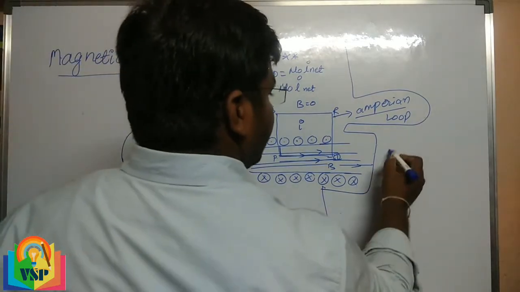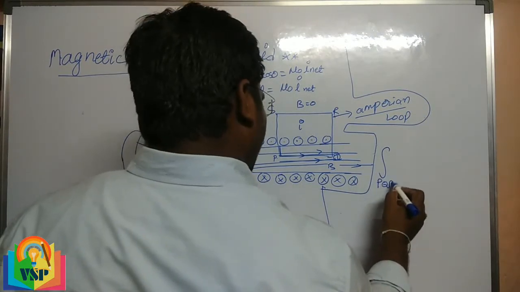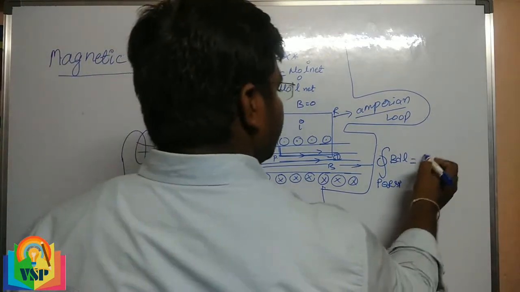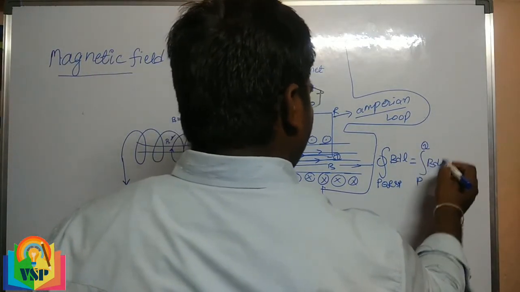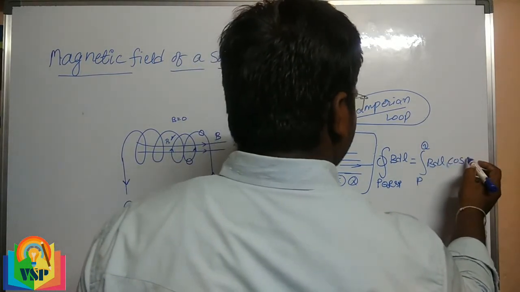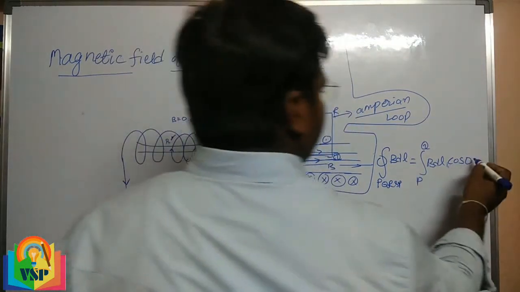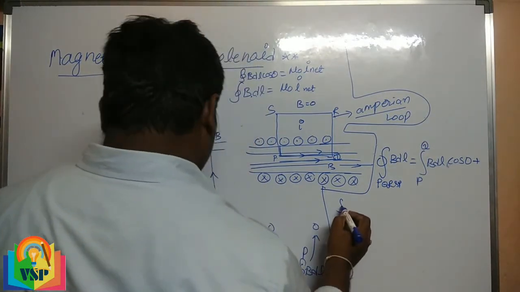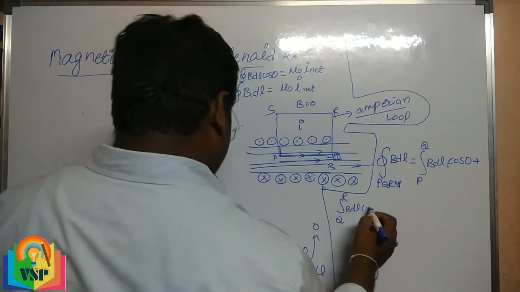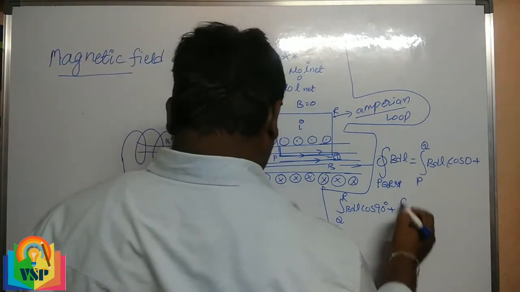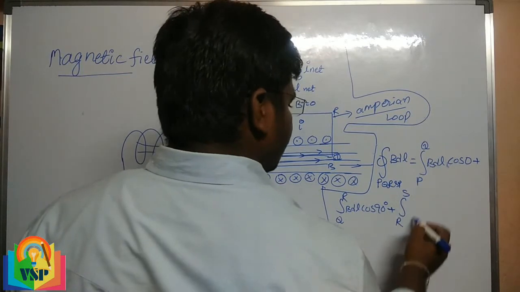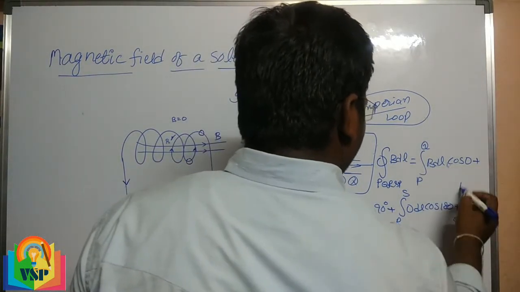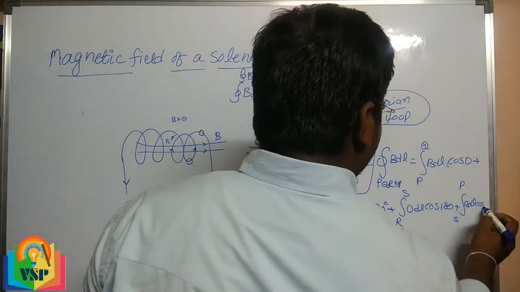So remaining, the integral over PQRSP of B·dl is equal to the integral P2Q of B dl cos 0, plus the integral Q2R of B dl cos 90 degrees, plus the integral R2S of B0 into dl cos 180, plus the integral S2P of B dl cos 90 degrees.